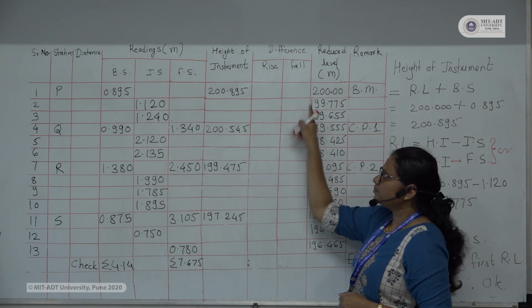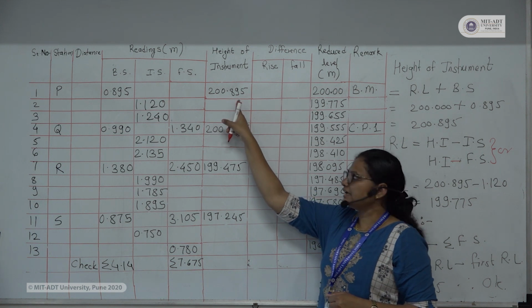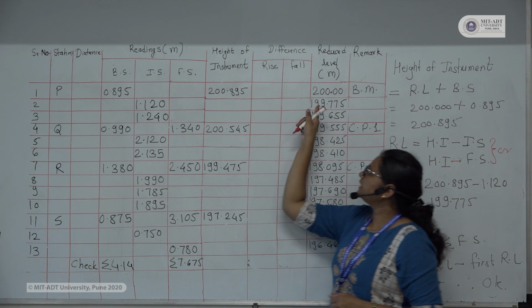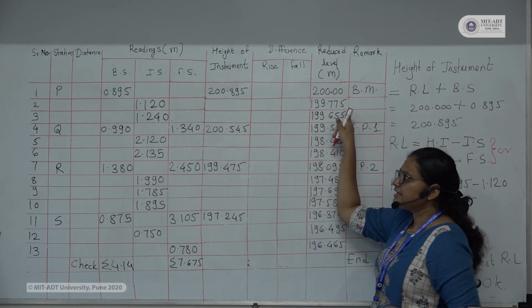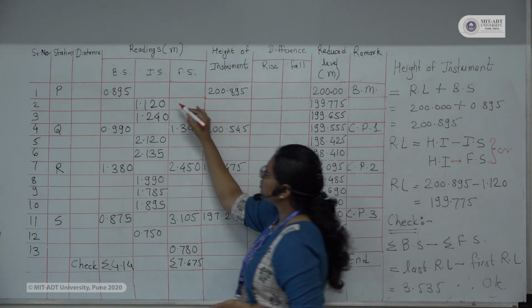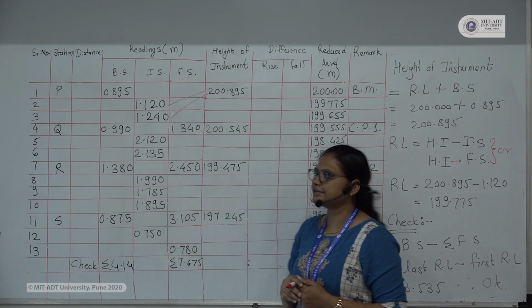So for the second point, our reduced level will be 200.895 minus 1.120, then you will get the answer 199.775. Similarly, for the third point, again we have to subtract these two readings. So you have to remember that subtraction will be like this. So this will be your reduced level.